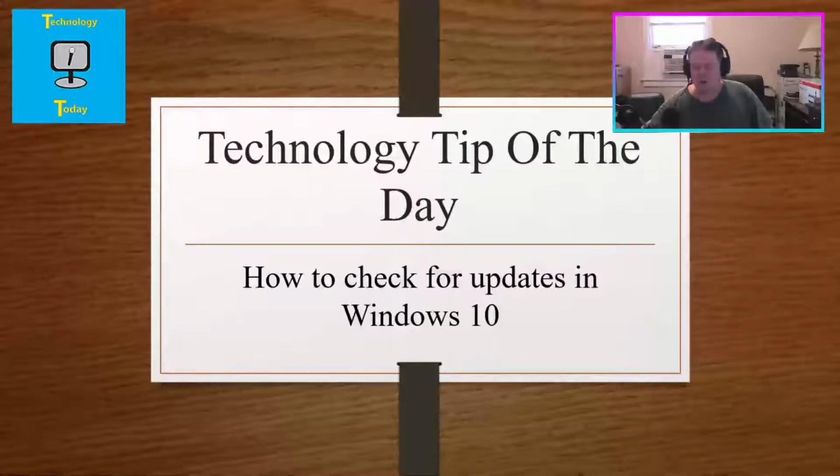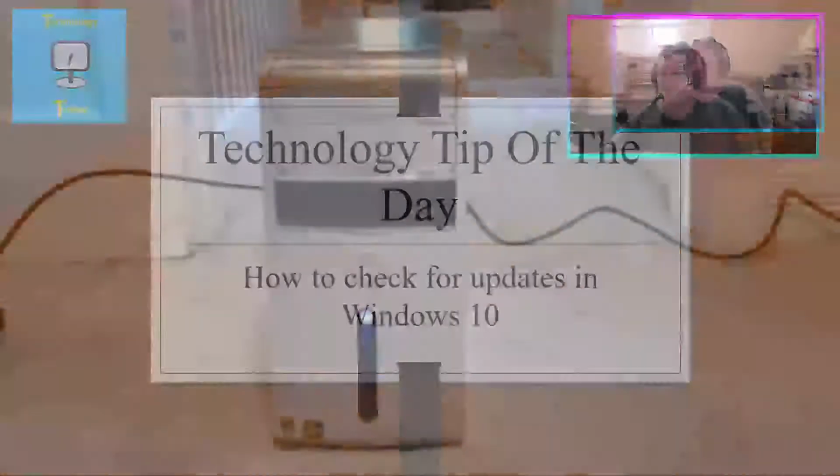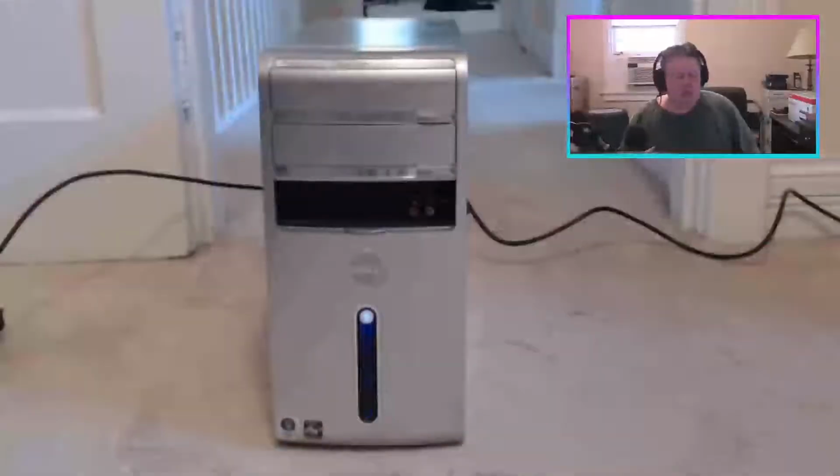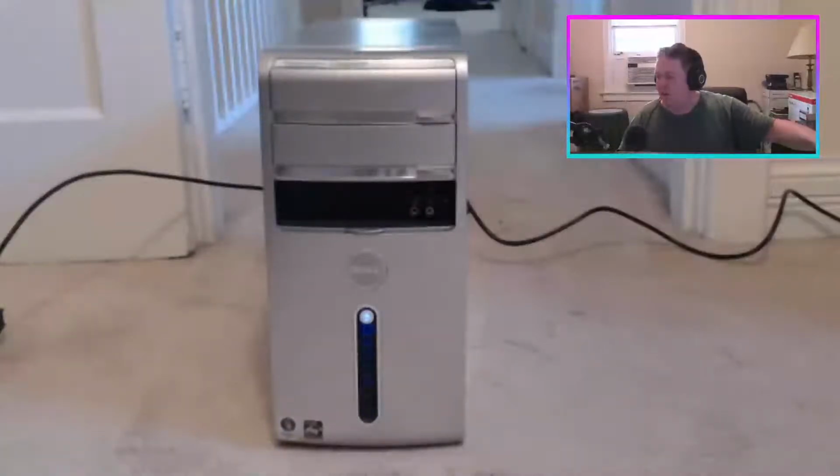First off, I'm going to change my camera input to this Dell Inspiron computer that I have running here. As you can see, it's an Inspiron 531, it's running, and you can see the blue power light on and the hard drive LED flashing at the bottom of the computer.